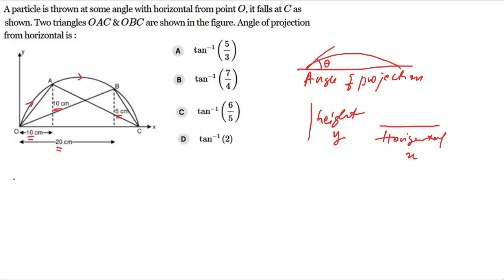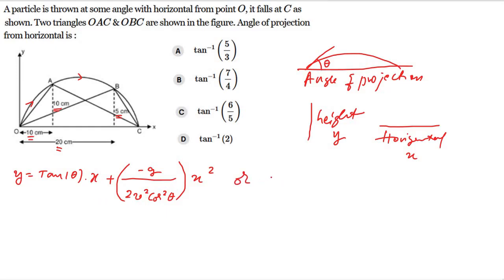The very basic equation for any such projectile motion we use in class 11 is y equals tan theta multiplied by x plus, and we have something in numerator and denominator, so it is minus g divided by 2 times v square cos square theta. Let me put these in brackets, which is then multiplied by x square. This is one of the equations.